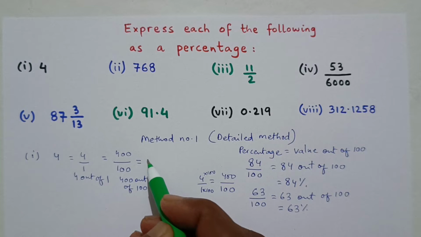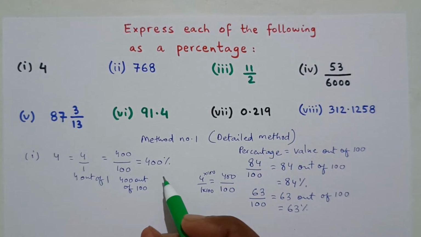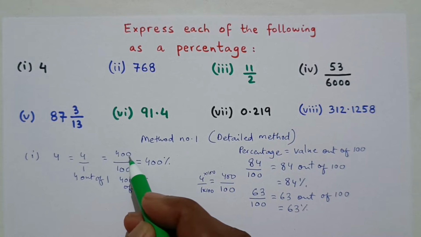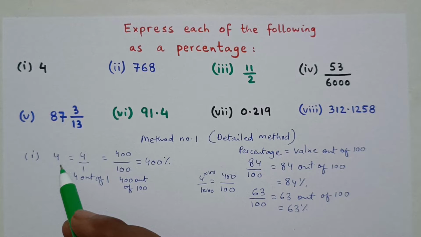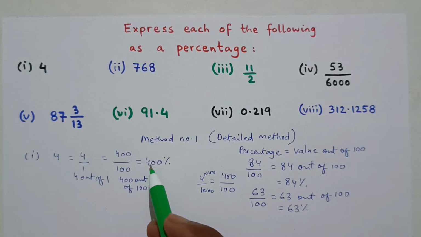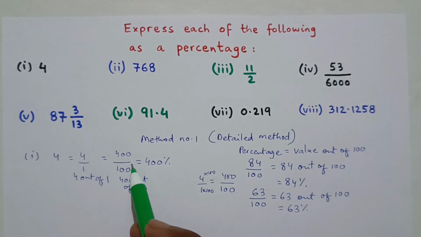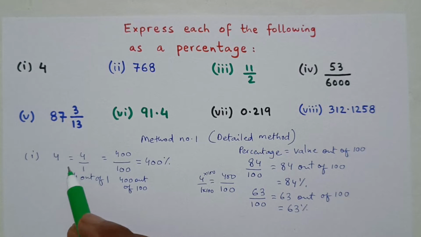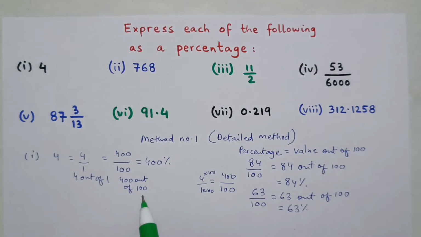So how much is the percentage? It is 400 percentage, because the value out of 100 is 400. So 4, if I convert to percentage, it is 400%. And this is the procedure. I think it will become more and more clear as we do the rest of the questions.